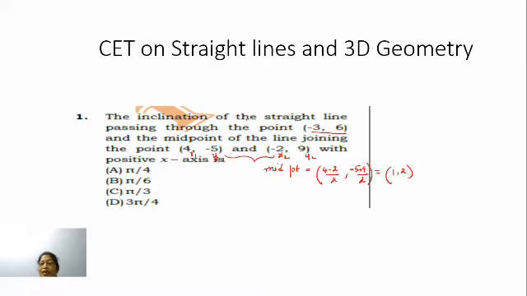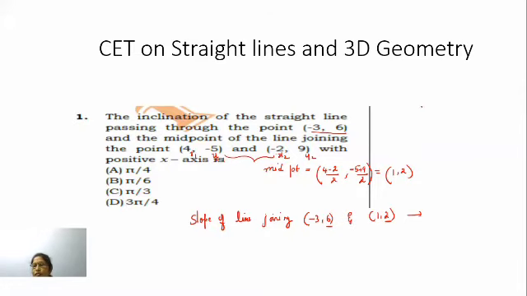What is required? We want the inclination, that is the slope. Slope of the line joining (-3, 6) and the midpoint of these two, that is (1, 2). You know how to find the slope of a line joining two points. It is y2 minus y1 divided by x2 minus x1, difference of ordinates by difference of abscissas.